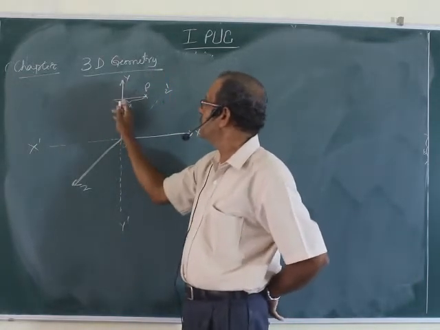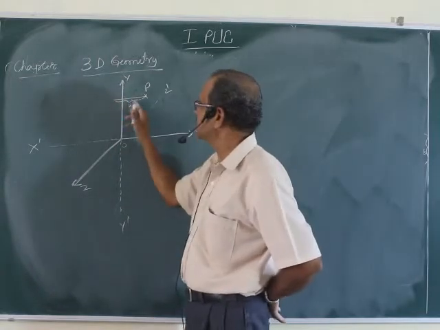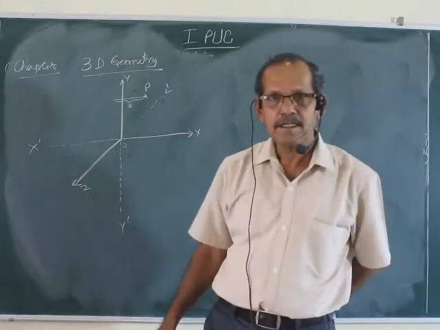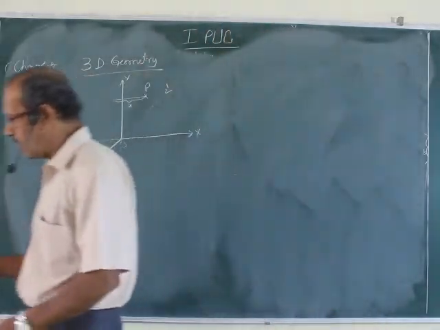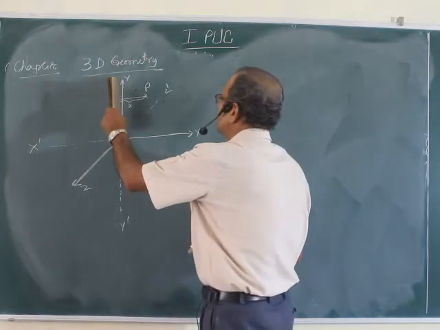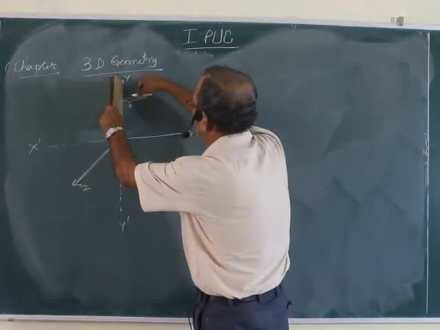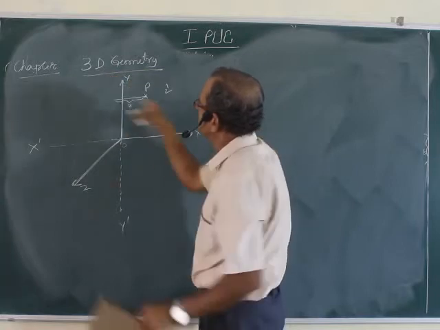Don't think it is a perpendicular drawn here, extended. Not to the axis, I have drawn to the plane. That you must imagine, that's all. The perpendicular is drawn to the plane, see like this. It is the plane, you are drawing the perpendicular here, not to the axis, somewhere here. That should be shown like this.